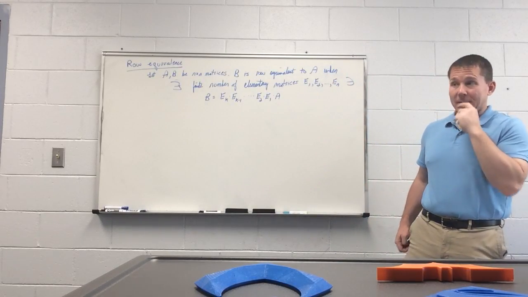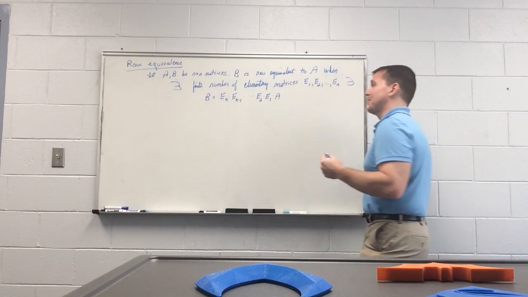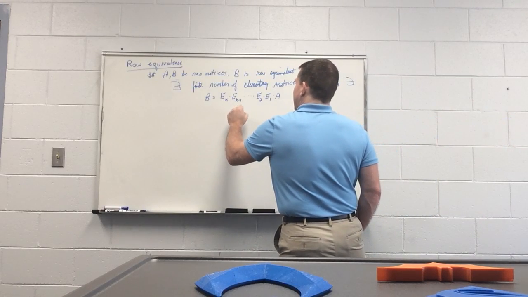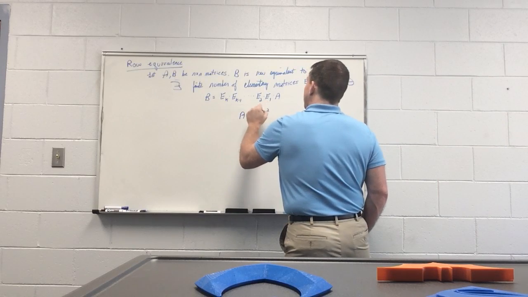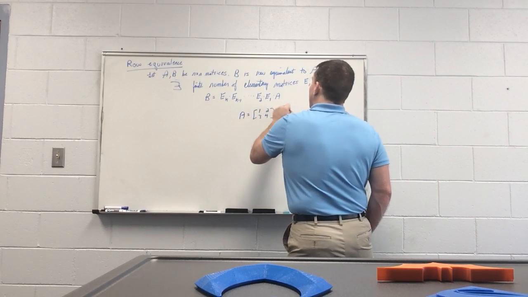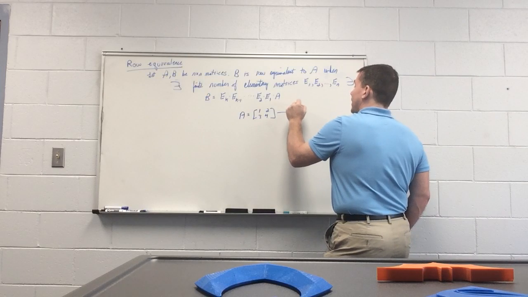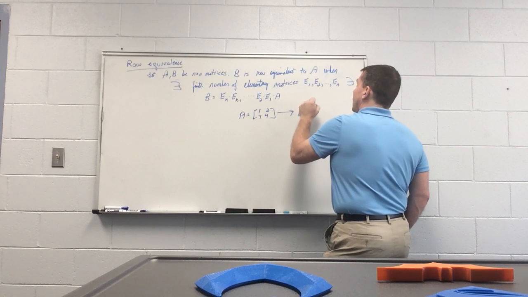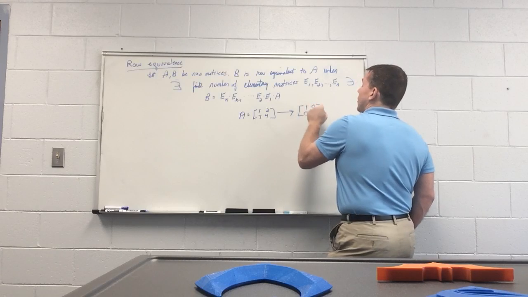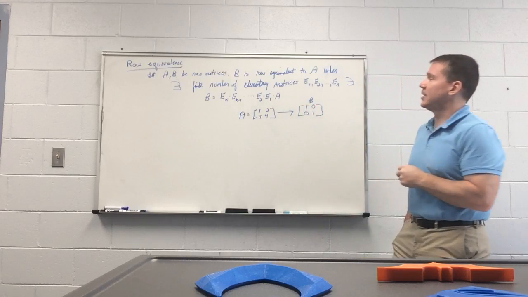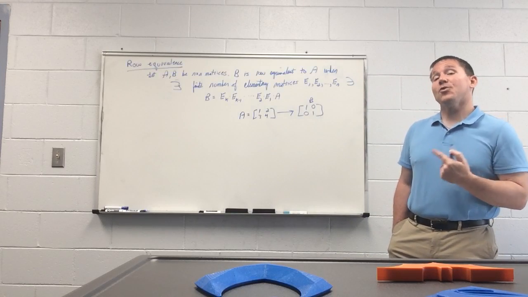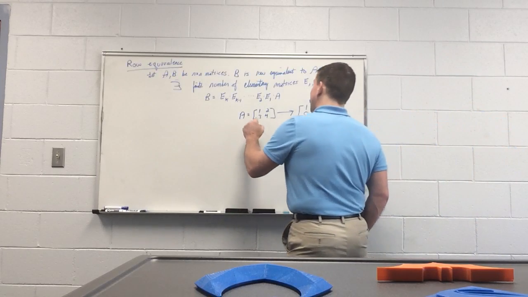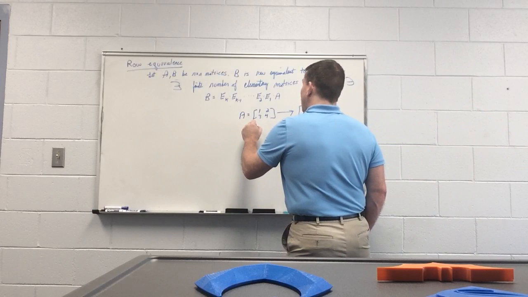I don't want to go through the whole example we did in the last video, but we had matrix A, which was equal to 1, 2, 3, 4. We then performed a bunch of row operations and got it to the reduced row echelon form 1, 0, 0, 1, which we can call matrix B for the purposes of this. We then created the elementary matrices. I'm not going to write them out, but there were 3 of them.